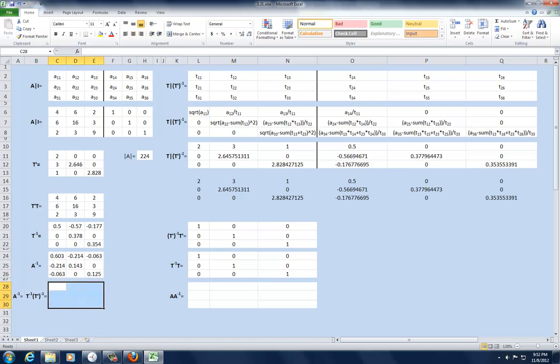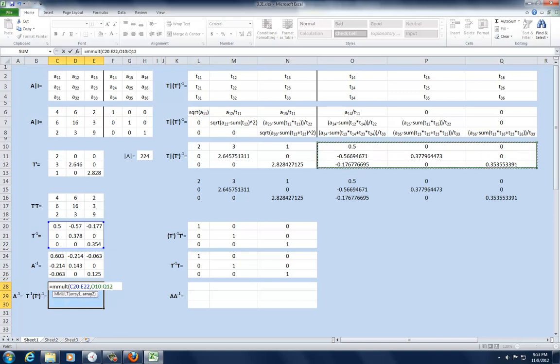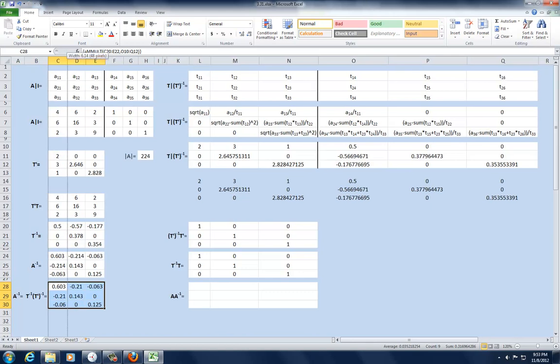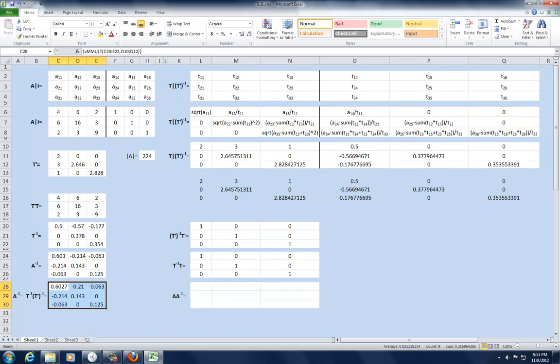So let's do some matrix multiplication. So this inverse, comma, this one that we found over there, and we get those values, which are equal to the ones that we did by hand. If I extend it out here to 3 decimal places, we'll see that.